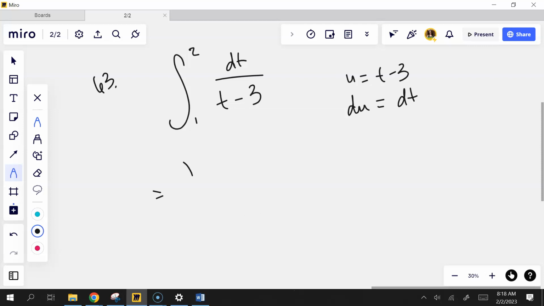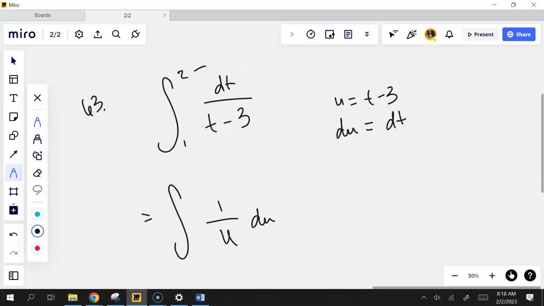So I end up with the integral of 1 over u, and I'm going to adjust my bounds here. So instead of 2, it'll be 2 minus 3 or negative 1. And instead of 1, it'll be 1 minus 3 or negative 2.